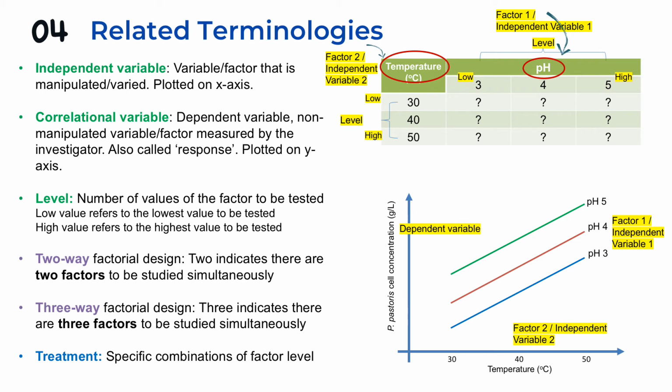The next term is treatment, which is defined as specific combinations of factor levels. For example, in this case, the number of levels for the two factors are 3, respectively. So the number of treatments is equal to 3 times 3, that is equal to 9.